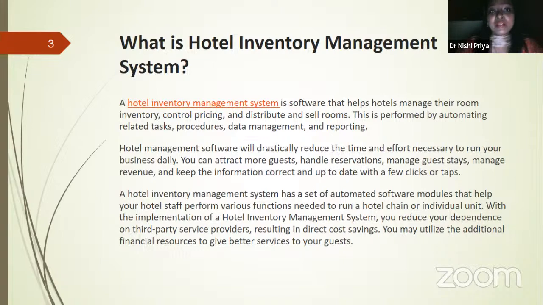So a hotel inventory management system is software which will manage these room inventories as well as control the pricing, and distribute and sell the rooms. It is performing related tasks, procedures, data management and reporting.